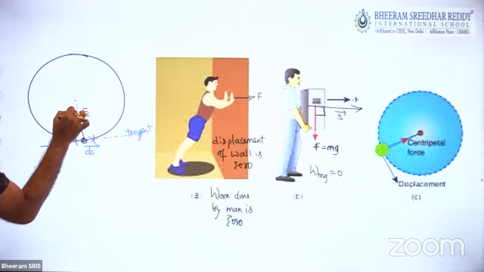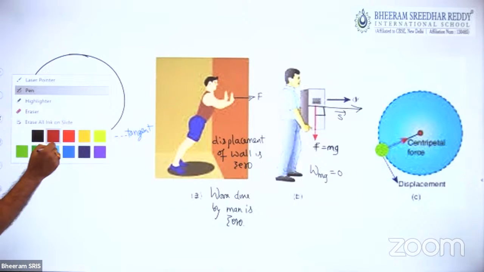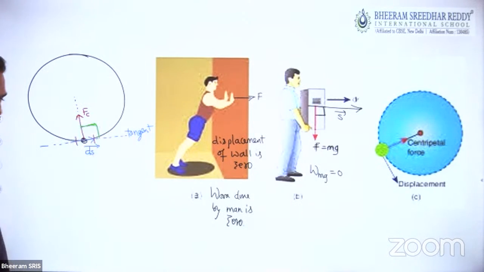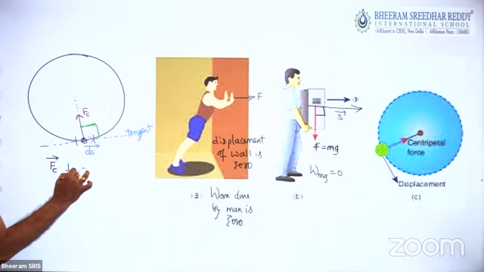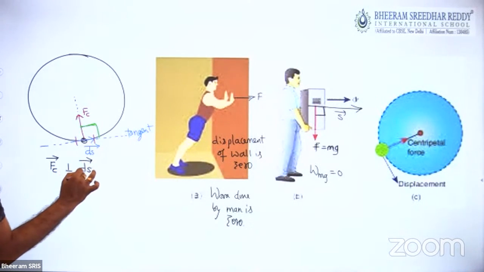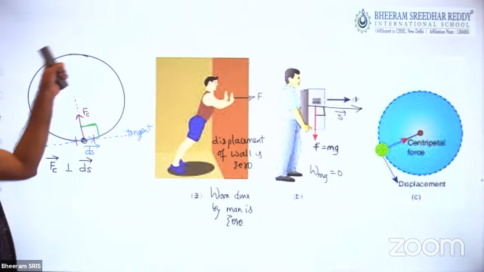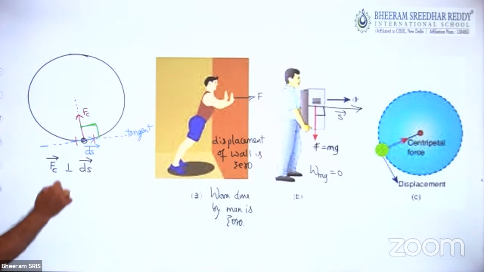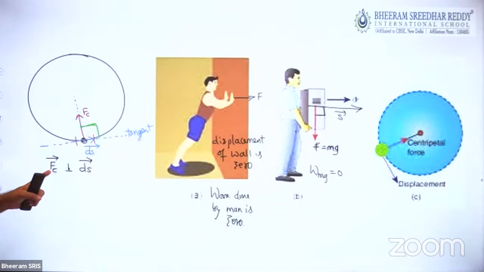This is the center. Force is along the radial. How are the radial and tangent? Radial and tangent both will be perpendicular to each other. That means centripetal force is always perpendicular to displacement. At every instant, centripetal force is always perpendicular to displacement.